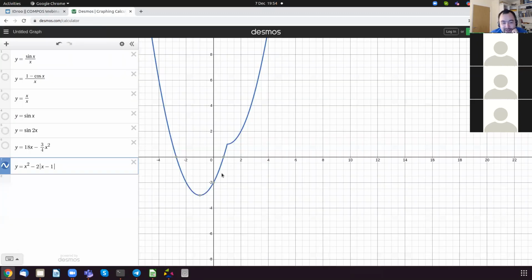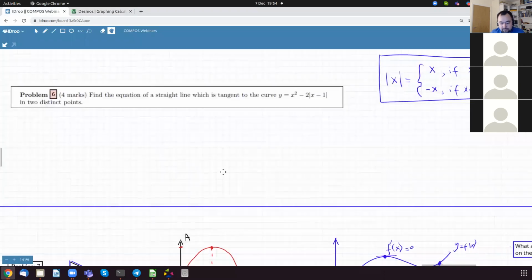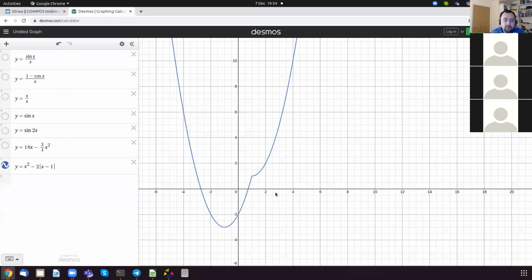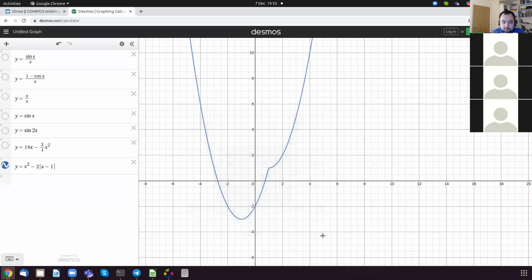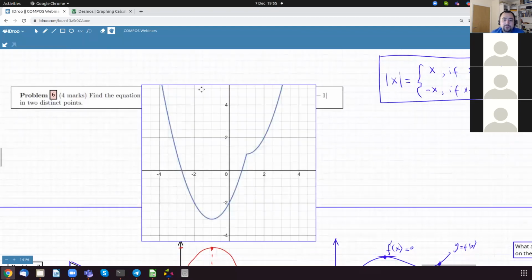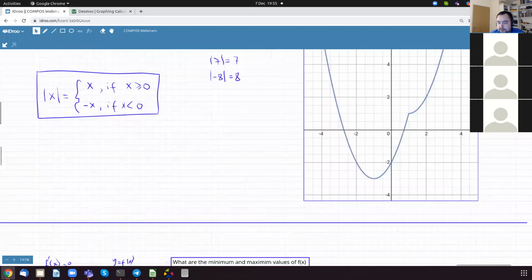But just looking at the graph, there's only one way you can draw it, and that is something like this.